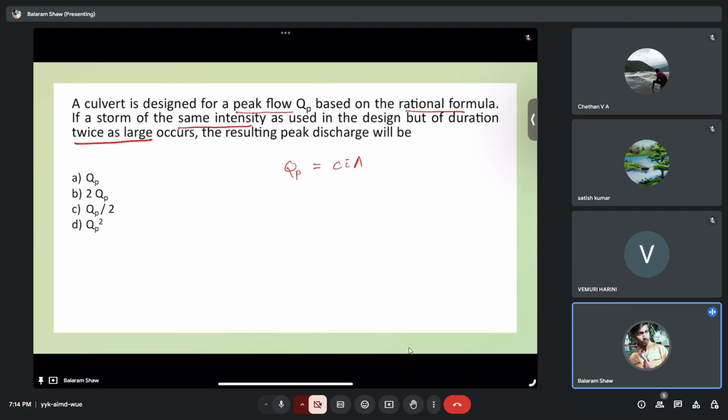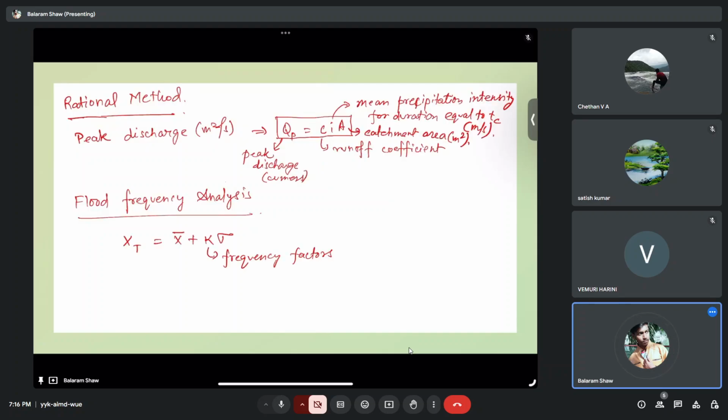For normal distribution it will simply be the event minus the mean divided by the standard deviation. For a different distribution, if you consider Gumbel distribution or any other extreme value distribution, maybe gamma distribution or log normal or logistic distribution or Pearson type 3 distribution, the frequency factor equation will change, right? And hence from this equation we will get the xt value.